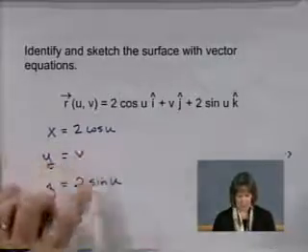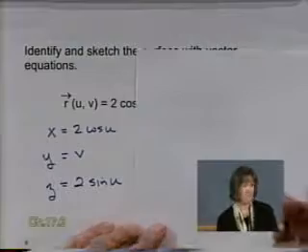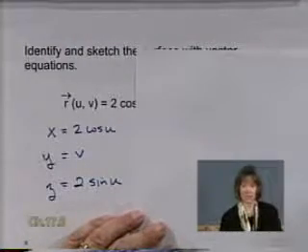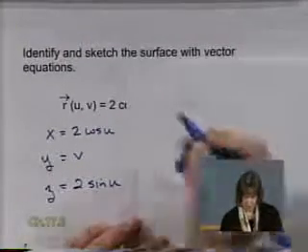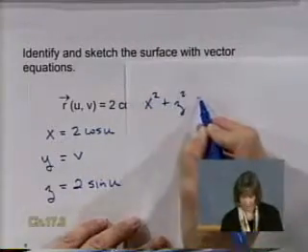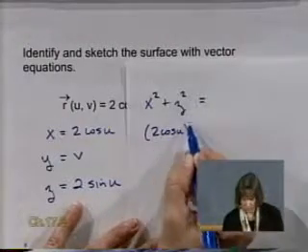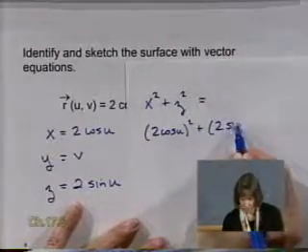Well, I see a cosine and a sine, people. What do you know about cosine and sine? Cosine squared plus sine squared is? Aha! So let's try x squared plus z squared. So that's going to equal, x is 2 cosine u, and z is 2 sine u.